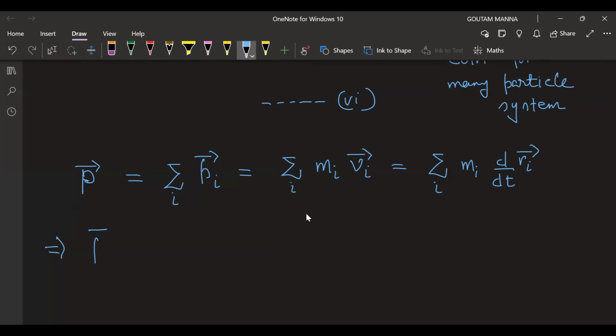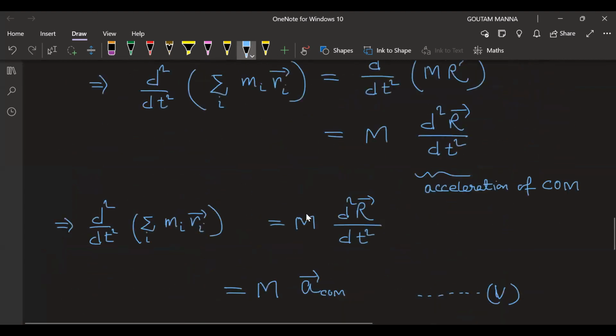This total linear momentum P is equal to d/dt of the sum over m_i r_i, which is basically d/dt of M R from the definition of center of mass.